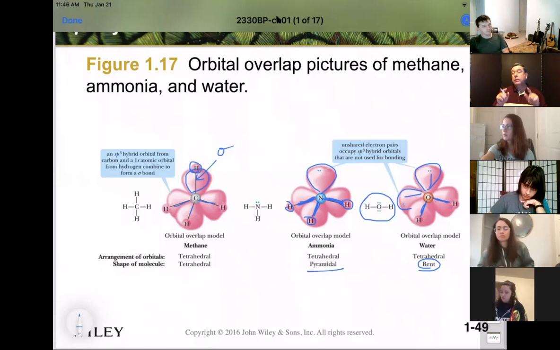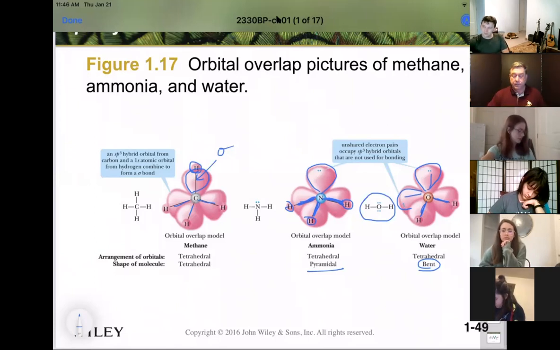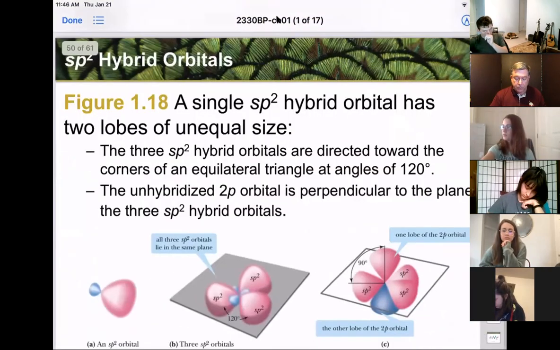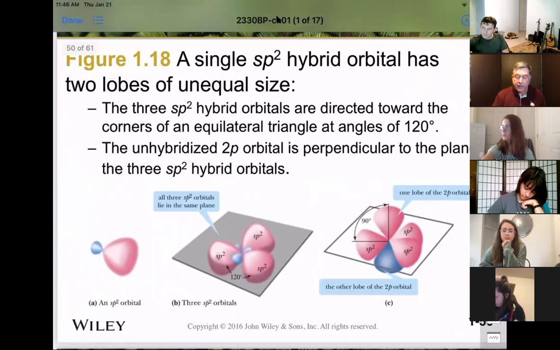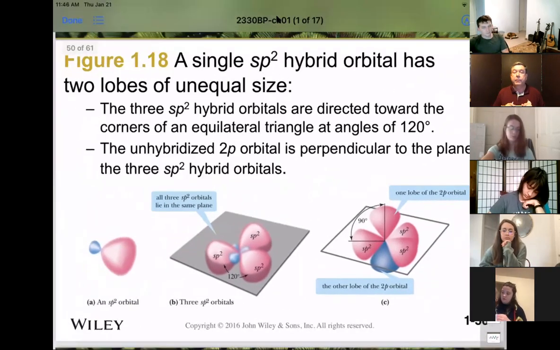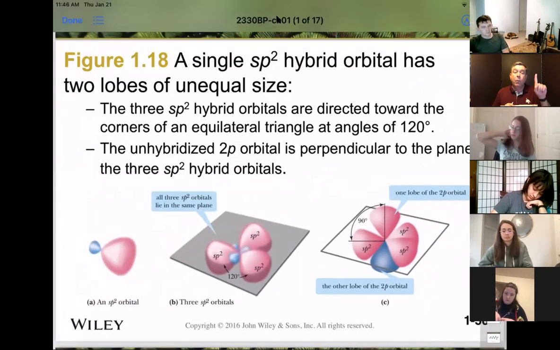Okay, now that's a great lead-in question to, okay, let's only hybridize 2 of those p's. And so we have an unhybridized p and see how that is different, okay? So if we only hybridize 2 of those, we end up with a slightly different shape, right? So we have 1 orbital is s and 2 are p.